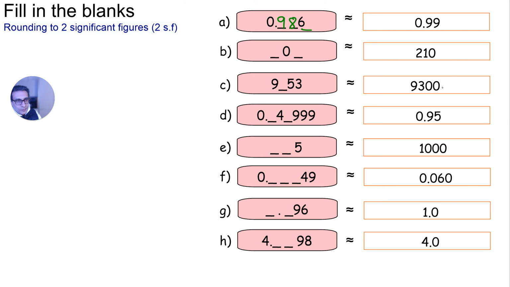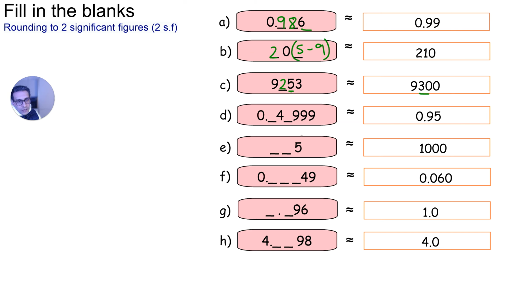For B, 210, well, this has to round up. So this can be anything from 5 to 9. And this has to be a 2. The next one, now because we know that has to round up, and we've got a deciding digit of 5, this is going to have to be a 2, which then becomes a 3 when you round it.